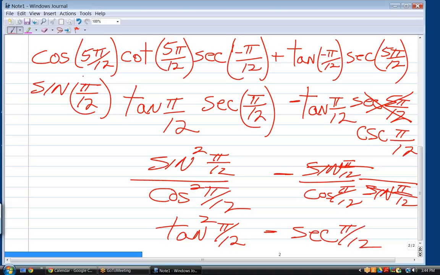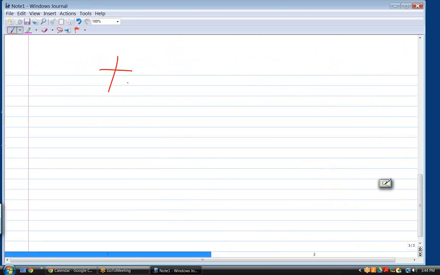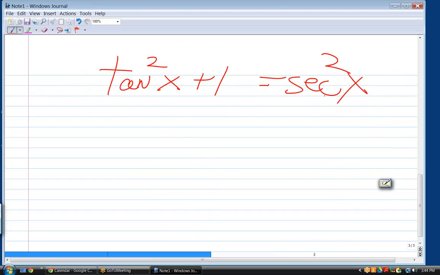Now, I feel like I've made an arithmetic error, and this should be secant squared, because tangent squared minus secant squared would be equal to minus 1. Remember our Pythagorean identity: tangent squared of x plus 1 equals secant squared. So if I were to subtract secant and put the 1 on the other side, I'm going to get this.